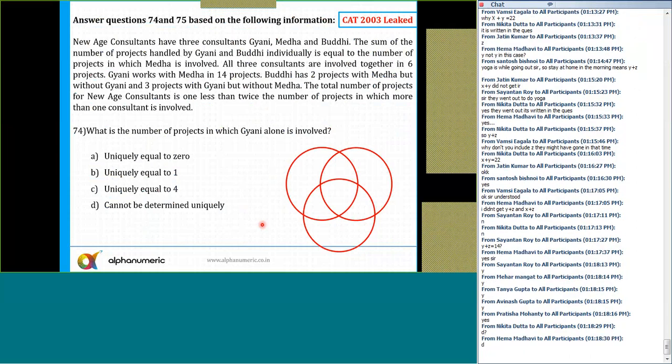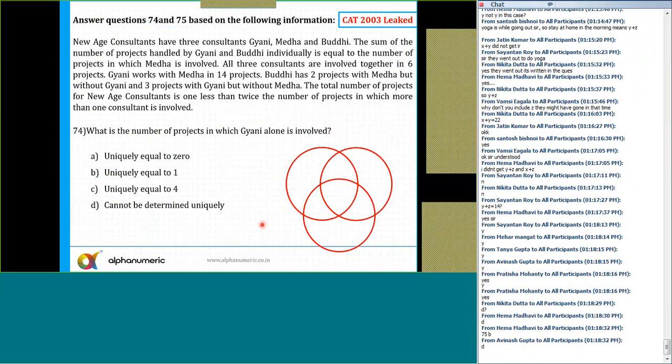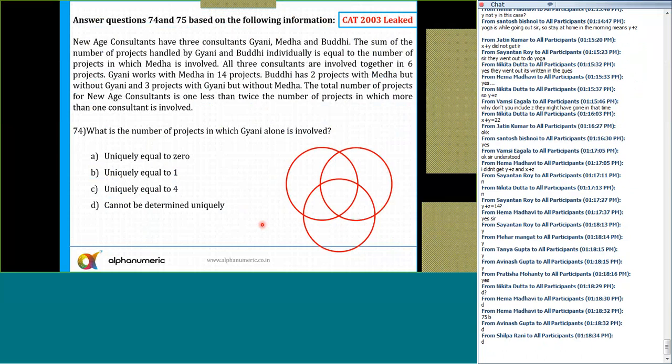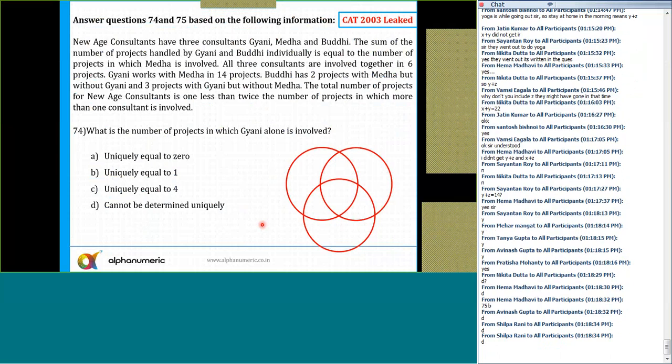Which was asked in CAT 2003. Okay, D. Let's see here.